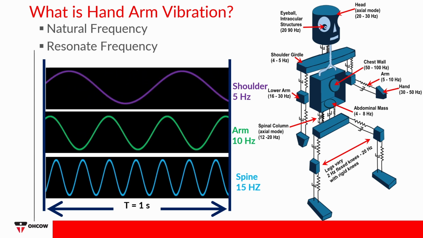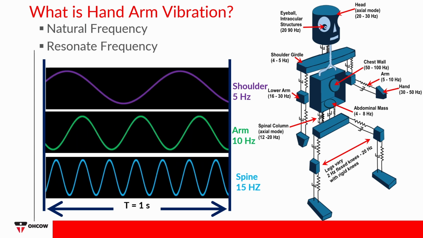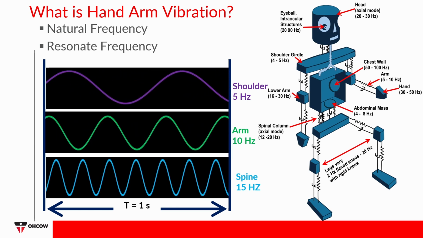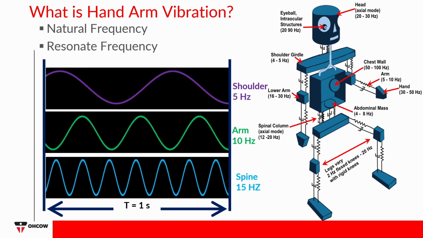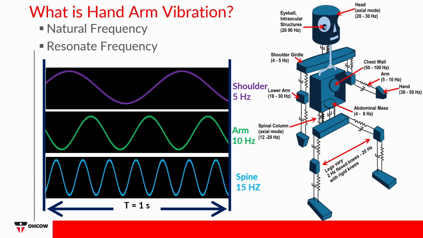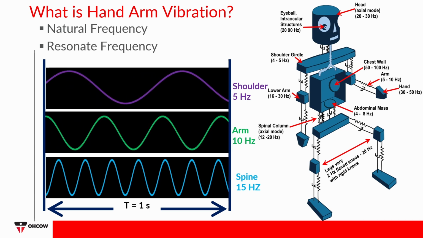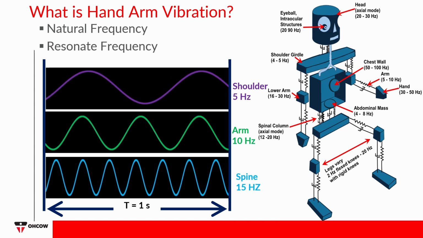The arms have a lower natural frequency, around 5 to 10 Hz. These differences are influenced by factors such as body weight, stiffness, and water content. When you grip a tool, the muscles of the hand stiffen, which changes the vibration absorption and amplifies certain frequencies, increasing the risk of injury.